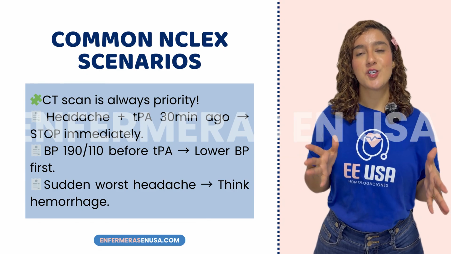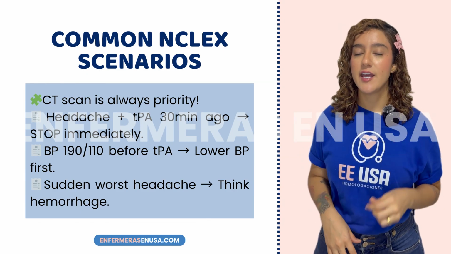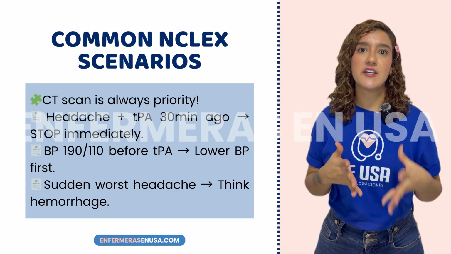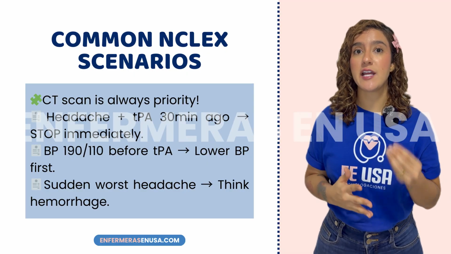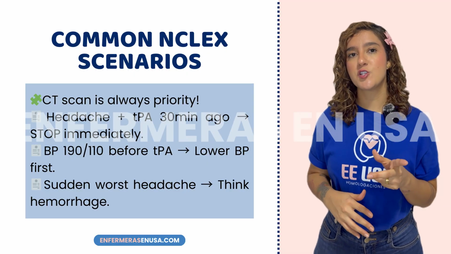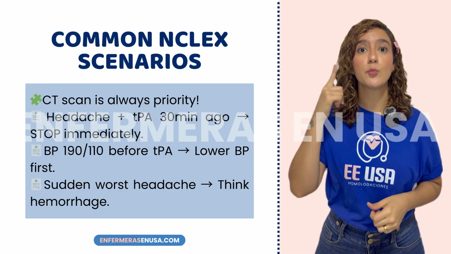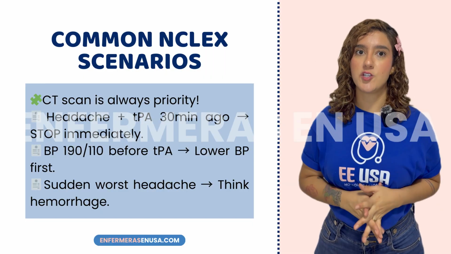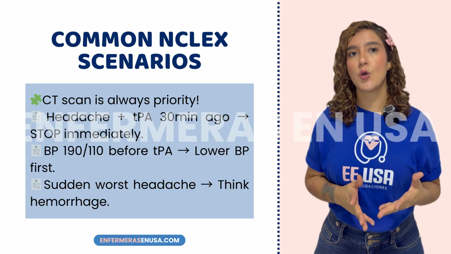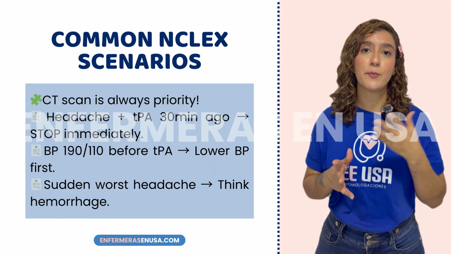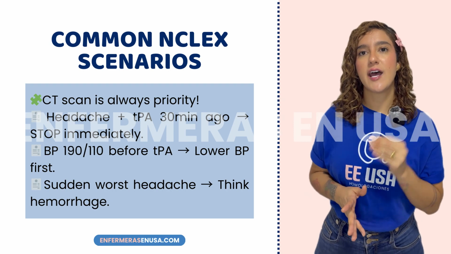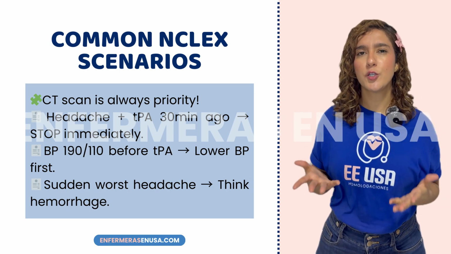Common NCLEX questions and how to think fast. First question: a patient receiving tPA develops a sudden headache and vomiting. The solution is to stop the infusion and immediately notify the provider, possible brain bleed. Second question: a patient with ischemic stroke confirmed 2 hours ago has a blood pressure of 190 over 110. What do you do?